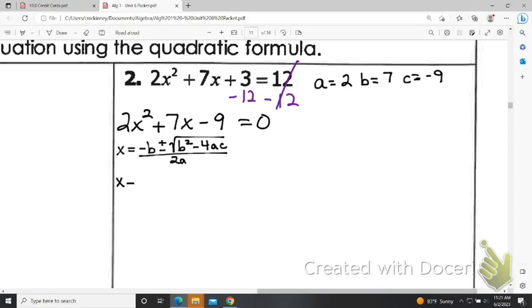So x is equal to negative b, b is 7, so negative 7. I plugged in the 7, the negative sign was already there. Plus or minus 7 squared minus 4 times 2 times negative 9.